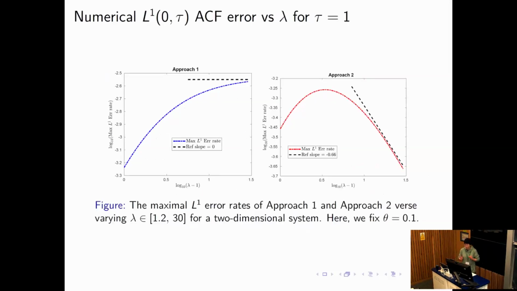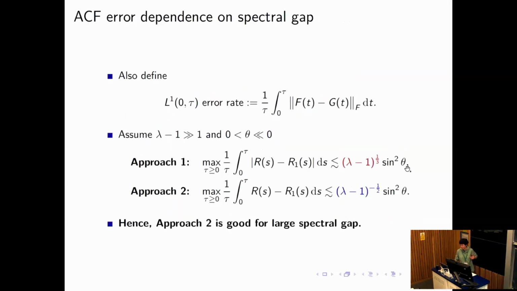In the simulation, you can see that for approach 2, we agree with our analytical upper bound, but for approach 1, our upper bound is way looser compared to reality, because the ACF error becomes horizontal, not increasing, when the eigengap becomes large enough. So there is some mathematical interest in making the error bound even sharper.